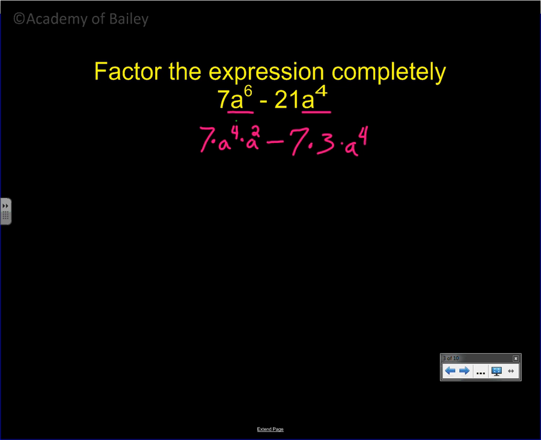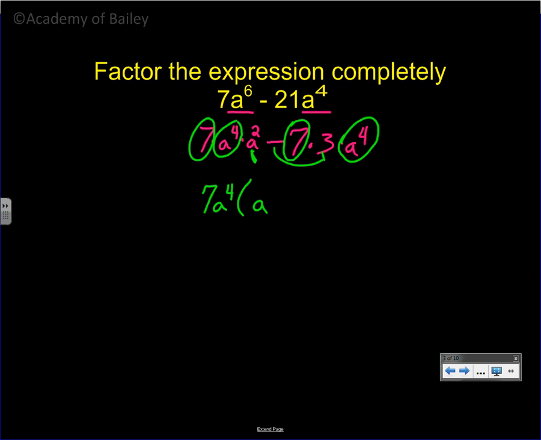And so if we pay attention, a to the 4th and a 7 is in both of them. So that's what number comes outside of the parentheses. 7, a to the 4th is outside of the parentheses. And what's left inside? A squared, and then negative 3.